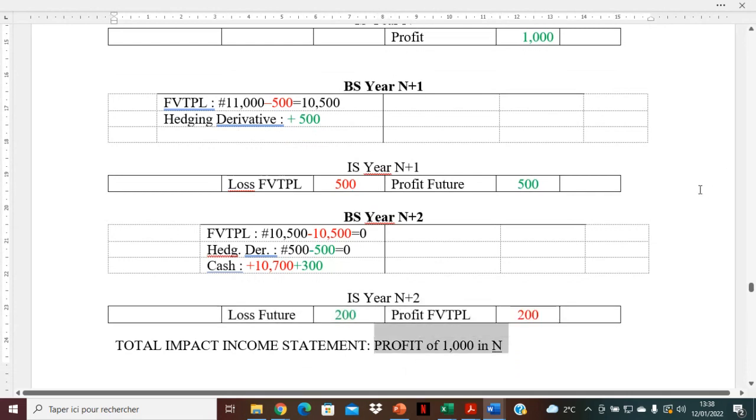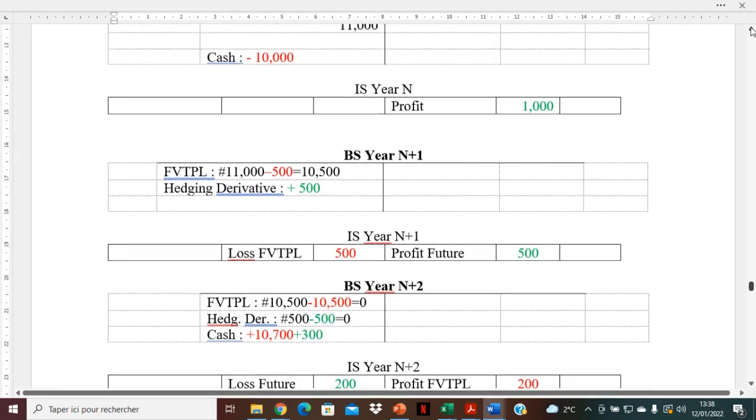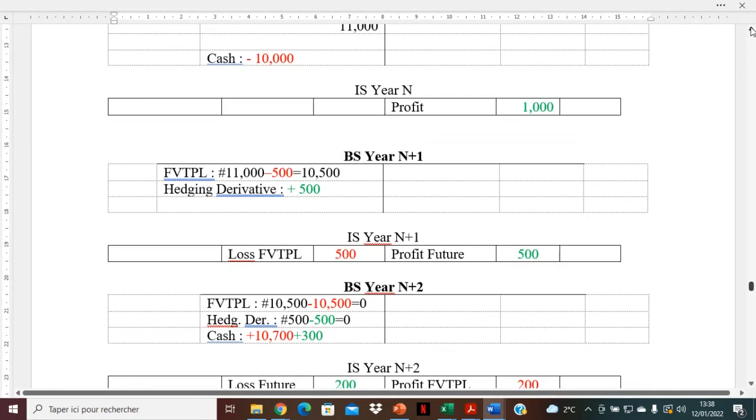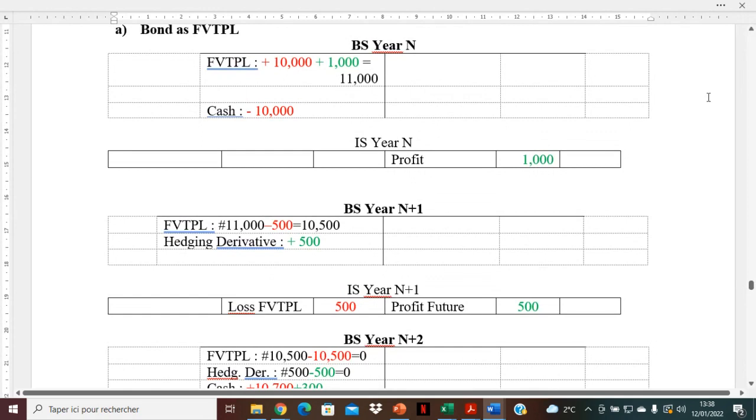And this profit appears in year N because here I am in the category fair value through profit and loss. Do you have questions, please, on this solution? Any questions?